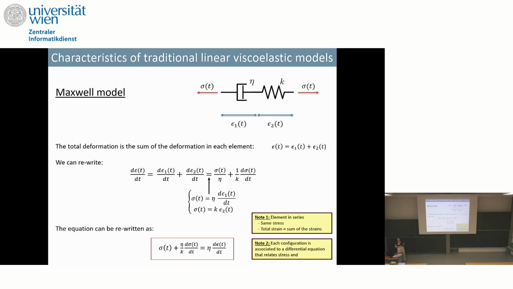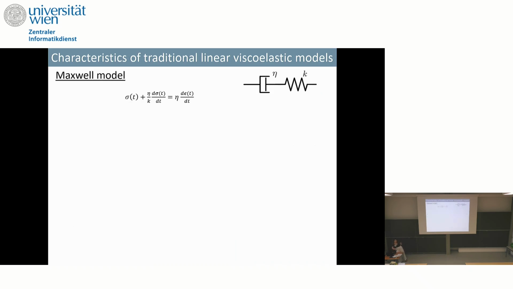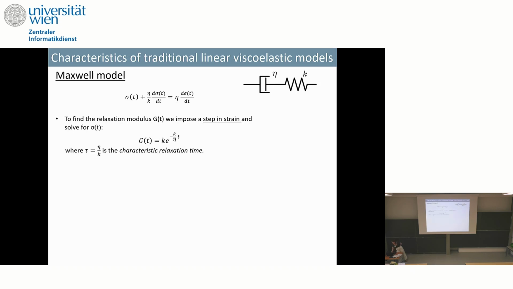How can we derive the relaxation and the creep compliance for this model? We just solve the differential equation. If we want to find the relaxation modulus, we solve it for a constant strain, and we obtain an exponential relationship that relates K and eta.